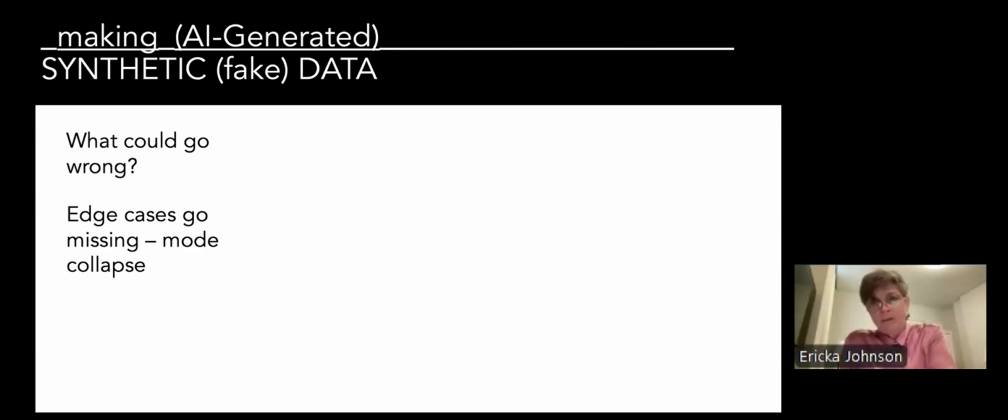But then in my other bubble, which tends to be much more AI related, I did hear this conversation about, yeah, well, the edge cases go missing, but maybe that's not such a big deal. We're getting the normative ones. And as a gender studies person, I thought, what? I actually think that is probably a big deal because I do know that, for example, in the medical domain, most of our data is still gathered and gleaned from male bodies. And so the female bodies are actually the edge cases in that data, especially if you're looking at legacy data.